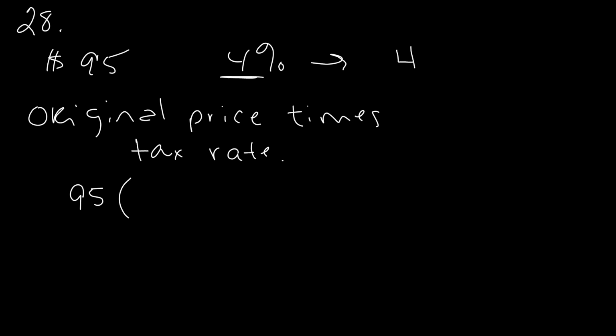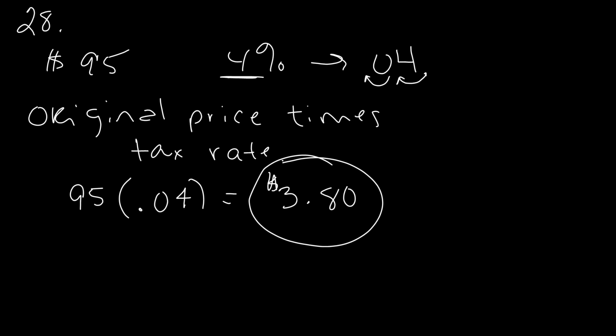We need to change that percent to a decimal. So we'll have 0.04. So you'll take your calculator and do 95 times 0.04. And you will get $3.80. That's the amount of your tax, and that's what it's asking for. It just says find the sales tax. So you're going to look at that chart and find the tax rate for that particular state.